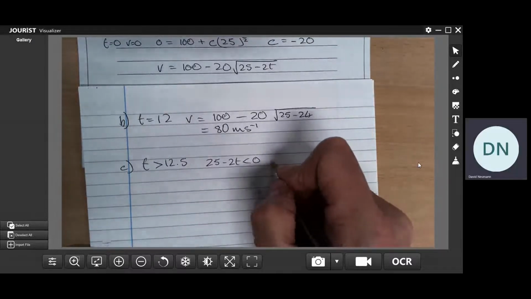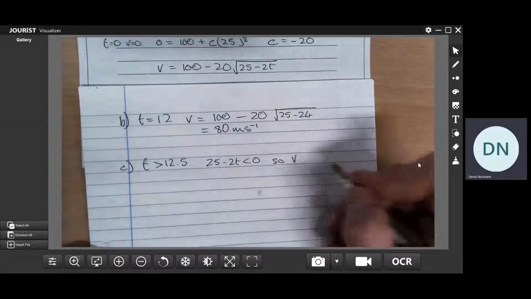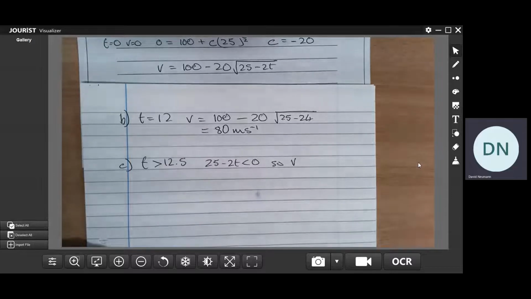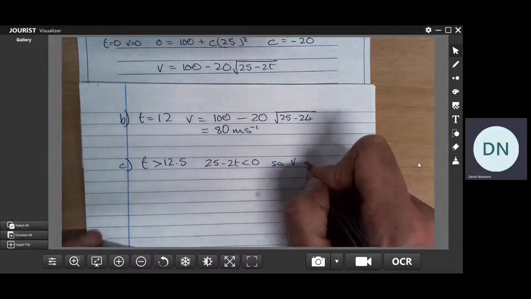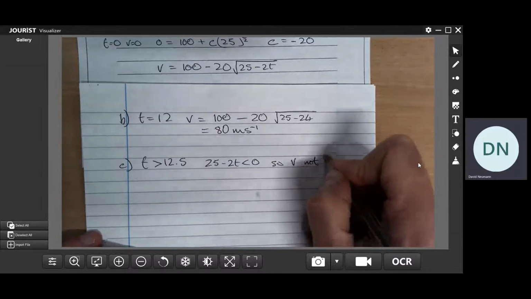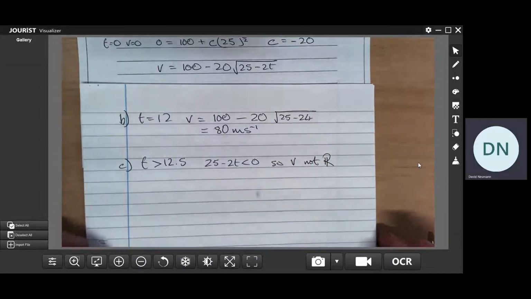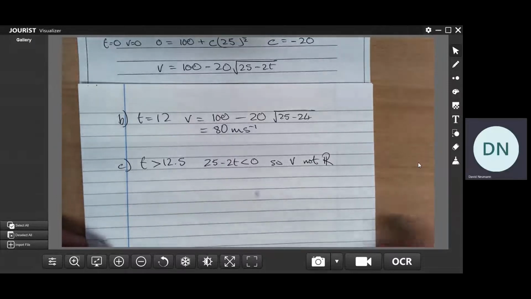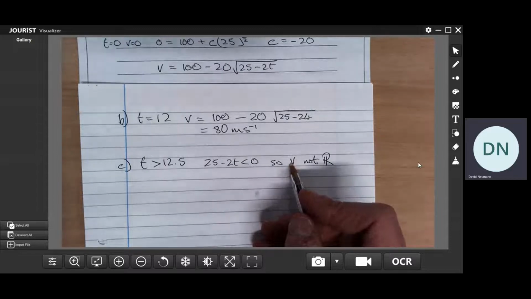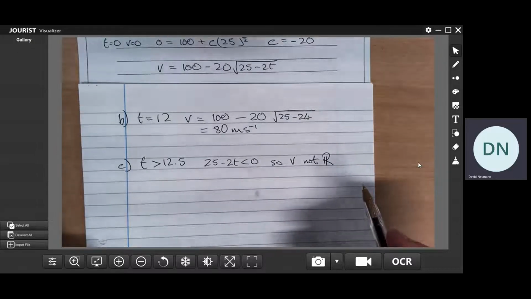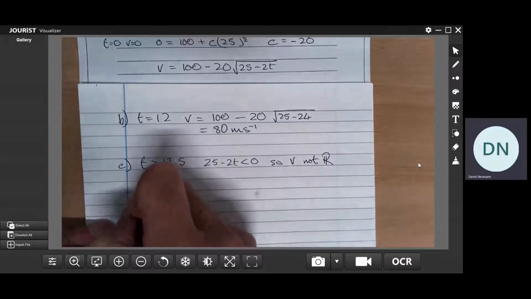So we can say v, if we try and take the square root, would be complex. So v is not real. What does that mean? Well, it makes no sense really, does it, for a velocity to be a complex number. So it's saying that the model cannot be used for t greater than 12.5.